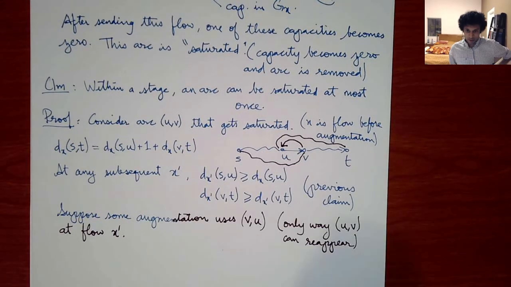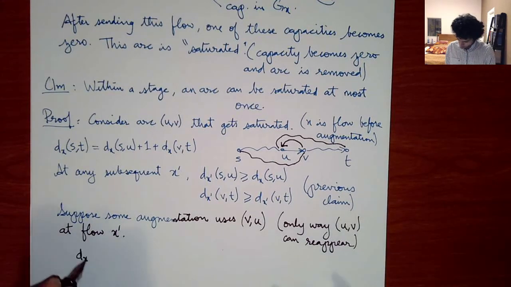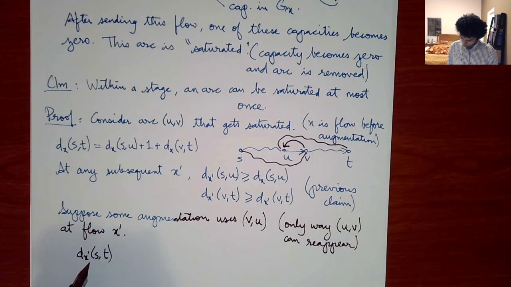Now, if we look at the distances, we will end up with our contradiction. So what is the shortest path distance from S to T?